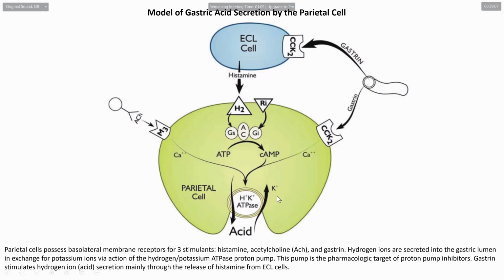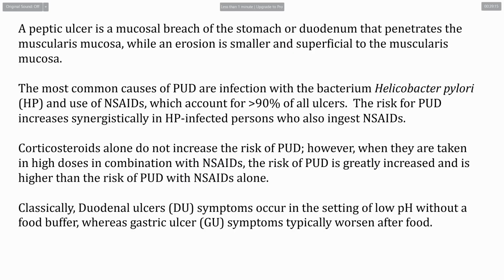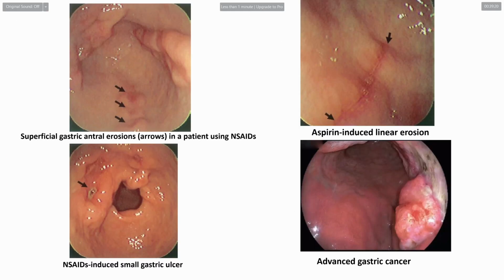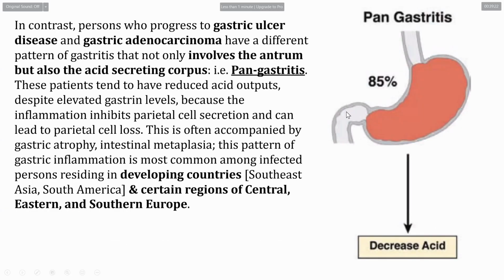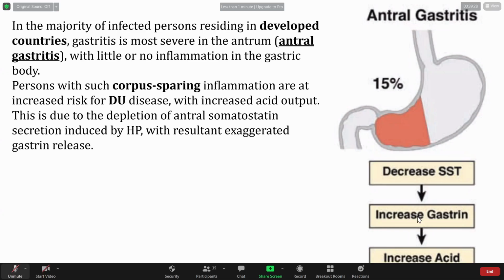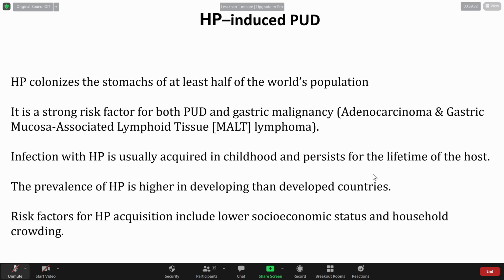What does your somatostatin do? Somatostatin inhibits your acid secretion, okay? So when you have antral gastritis due to H. pylori, your somatostatin is down. What does that mean? How does somatostatin inhibit acid secretion? Did I show it in the slide? Let me show you.